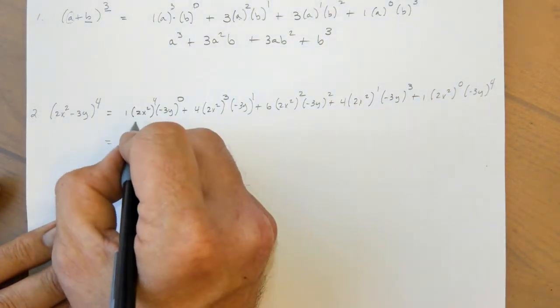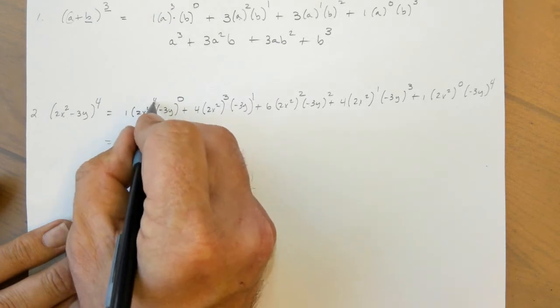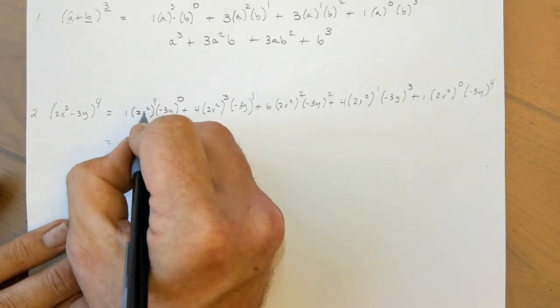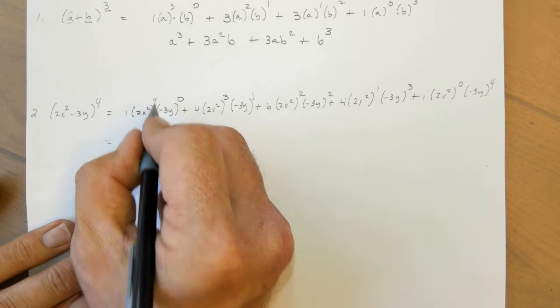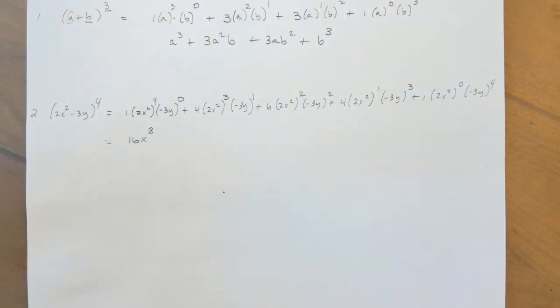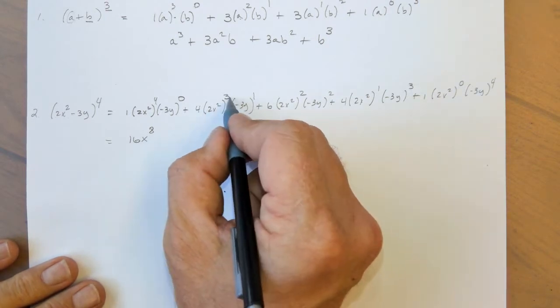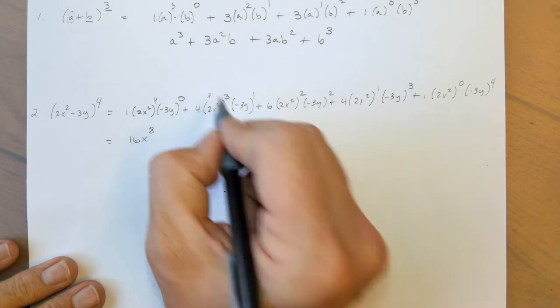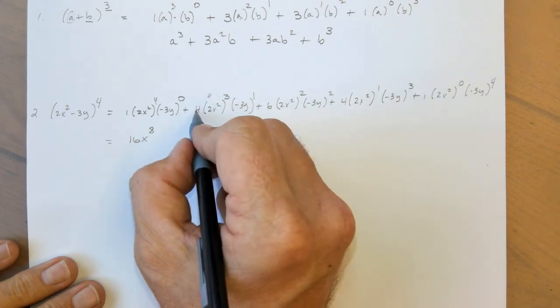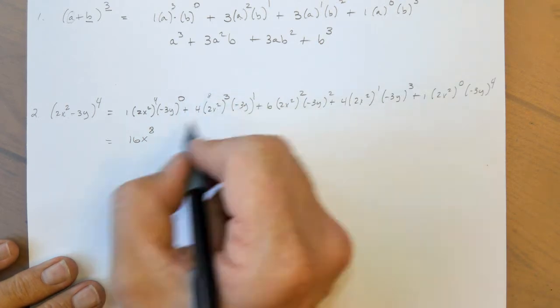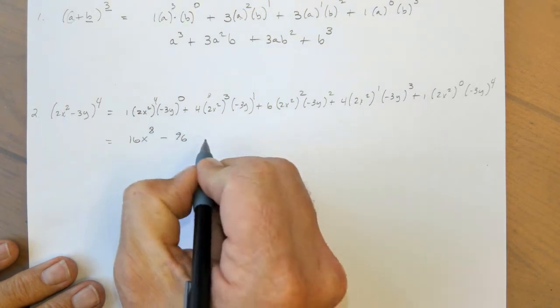Doing this one at a time, we're going to have 2 to the fourth, which is 16, x squared to the fourth. Power to a power, we multiply, so we have x raised to the 8th. As we move along, we're going to have 2 cubed, so that's 8. 8 times 4 is 32, times the negative 3, we end up with negative 96.